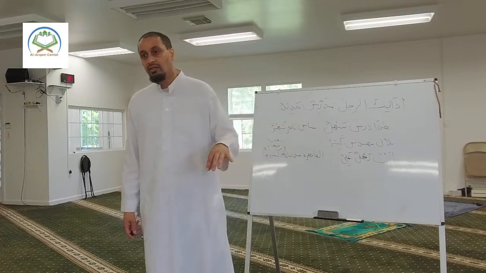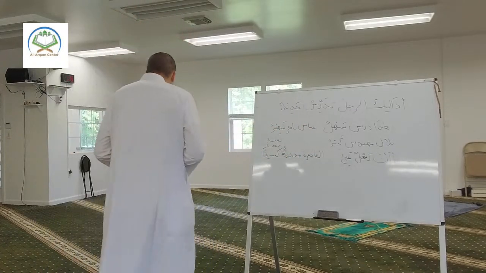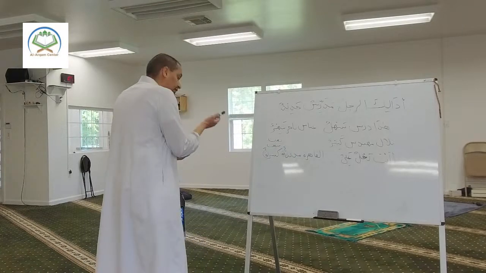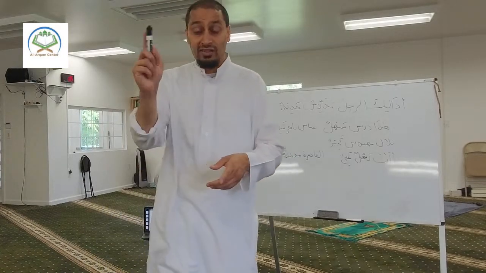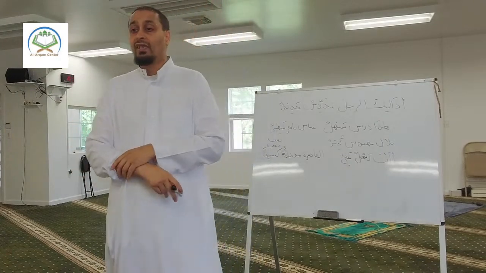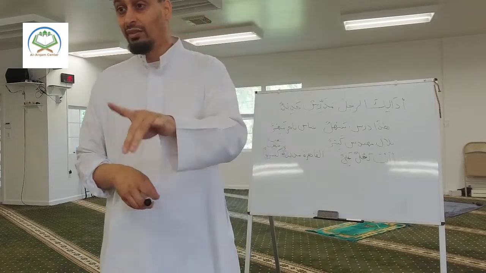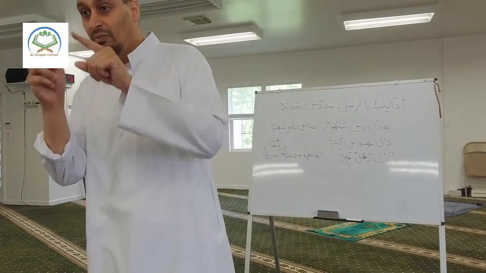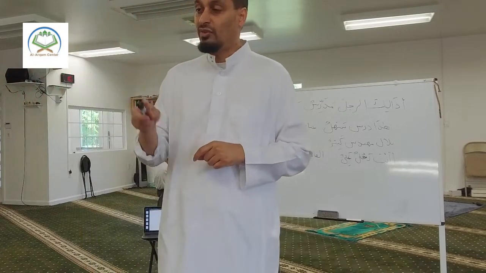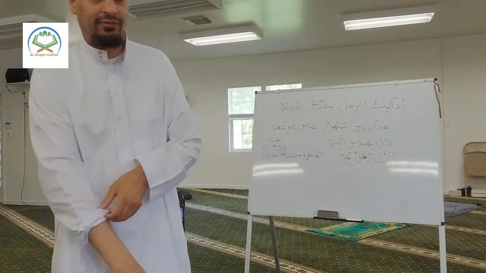If it's dual, it will be dual. Plural, plural, and so on. Except kaslan, kaslanu. There's a few words that are the exception, if you look at the pages that I sent. But they will still be considered sifa based on the position, based on where they are put in the sentence. Okay?